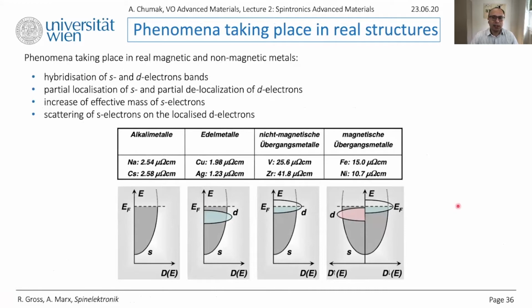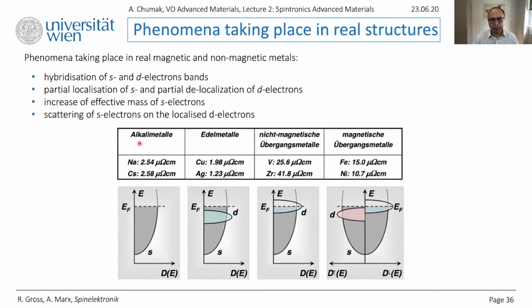Few words at the end. This nice picture I got from the script of Gross and Marx on spin electronics, and it's just a step back to summarize what we know already, and at the same time to attract your attention that in real structures there are more complex processes which should be taken into account if you want to understand what you see in your experiment, for example. Here you see different types of metals.